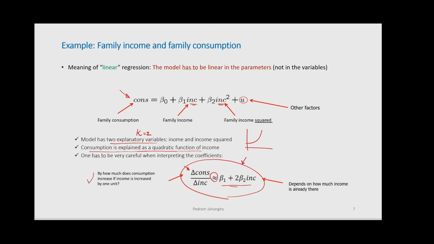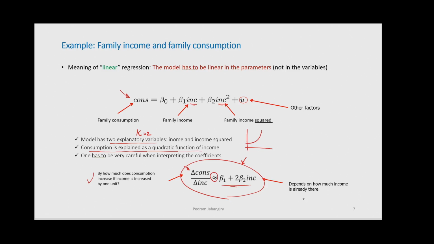If income increased, let's say these are family income in $1,000, from 10,000 to 11,000 versus 100,000 to 101,000. In either case, you're changing income by $1,000, right? But the consumption is going to increase a lot more for the latter, when income increased from 100,000 to 101,000. Okay, so that's the idea.